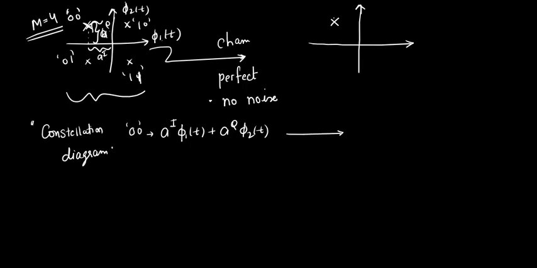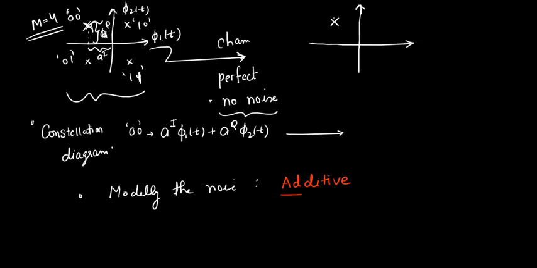But this is not the case in practice, meaning that we encounter noise. And how do we model the noise generally? Tell me, Abhishek. How do you model the noise?